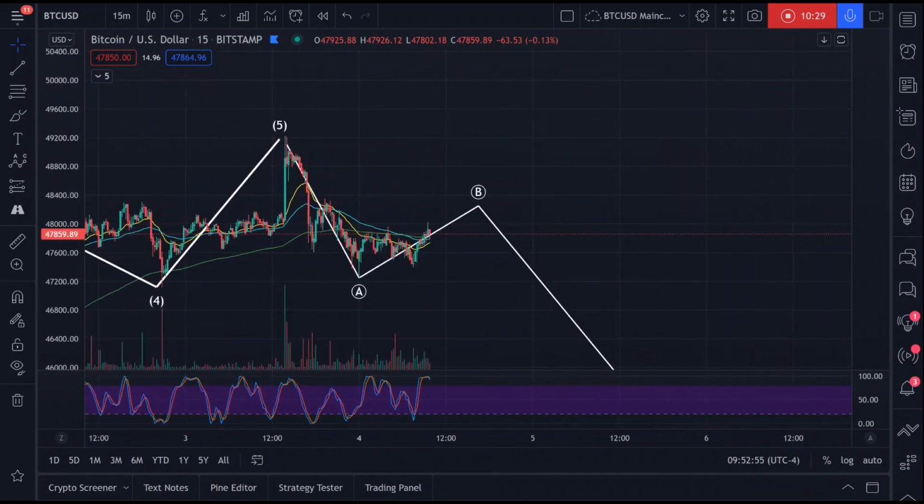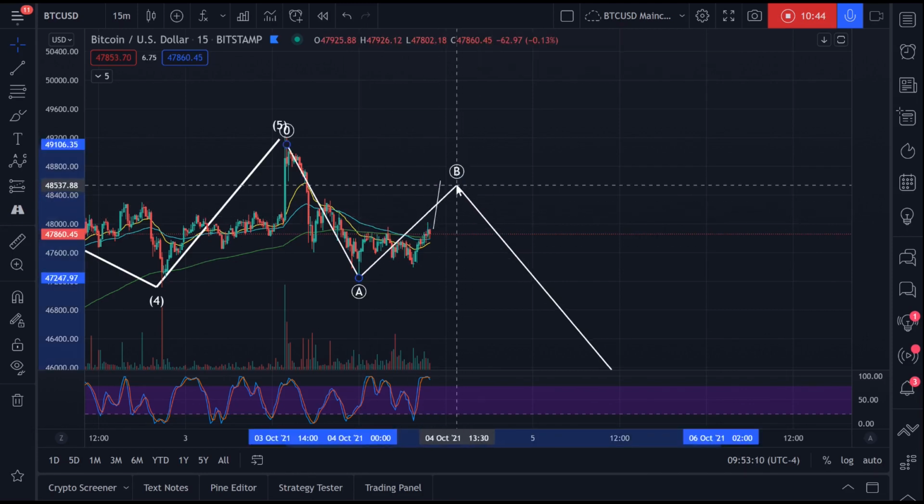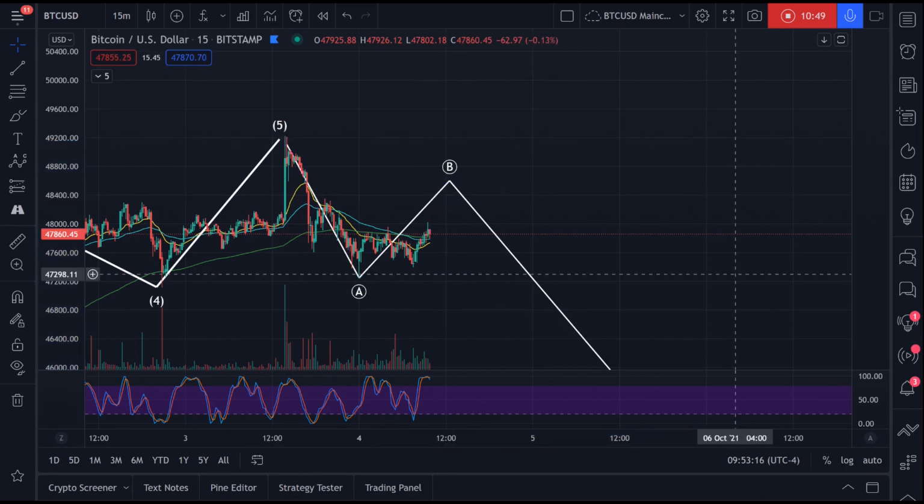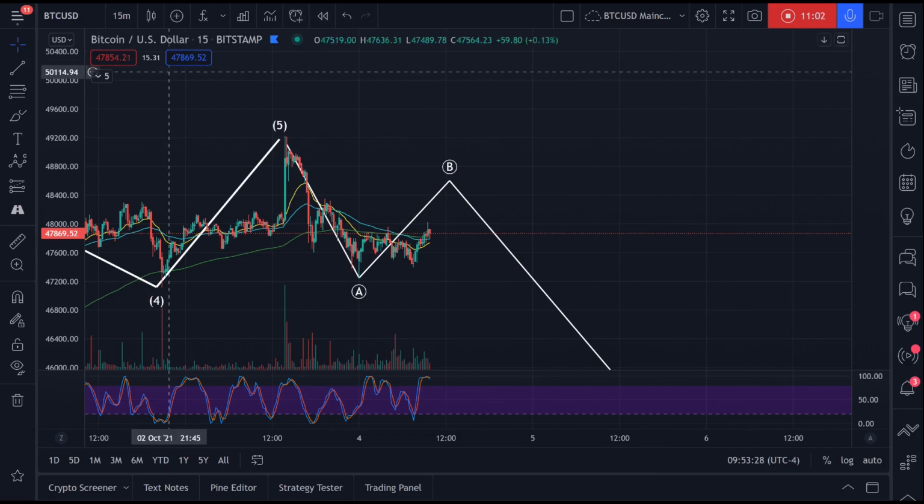Just looking at the price action, it looks like we just formed a W, and that's going to bring the B wave up to about here. So this is my hunch. I may put a little money on that, but I would definitely use other indicators, use other means of corroborating this information.